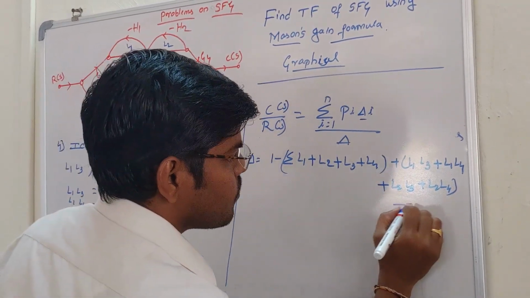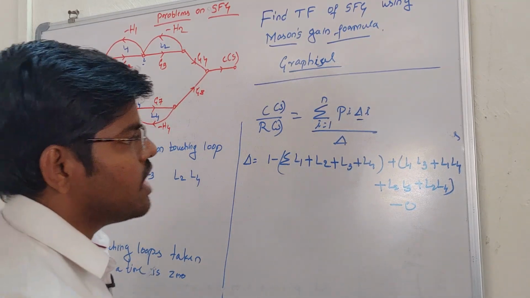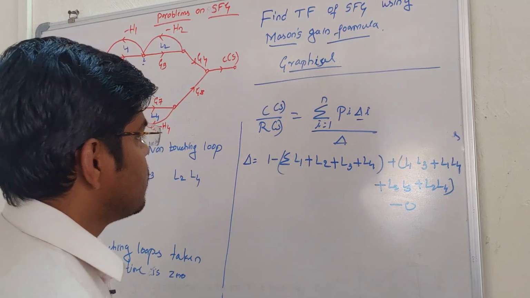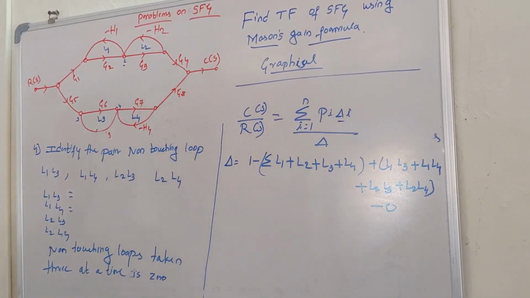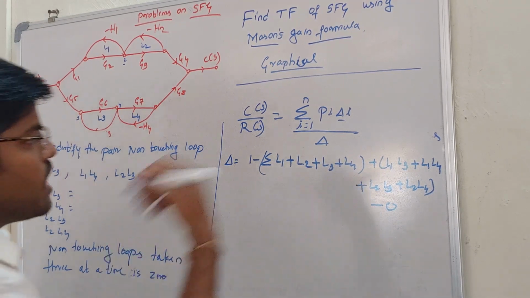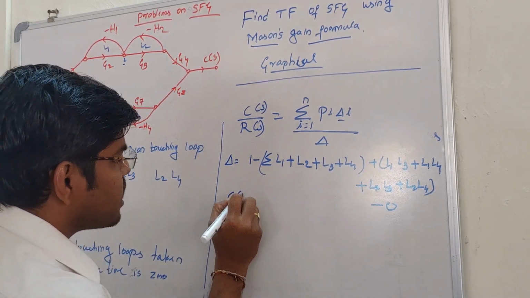It is 0 minus 0. So once you get the values of L1, L2, L3, L4 and the combinations, we can substitute those values and we'll come up with the determinant of the signal flow graph.